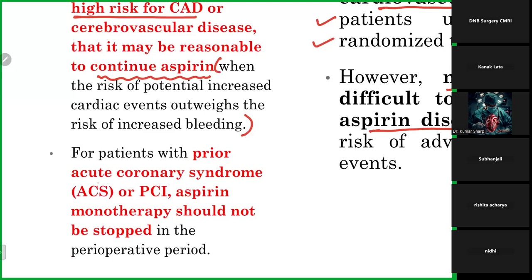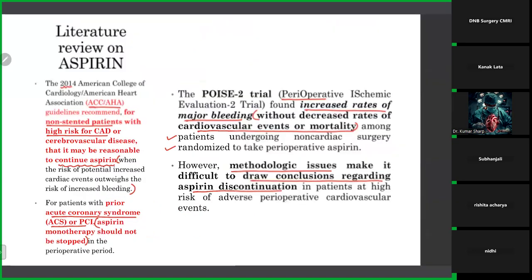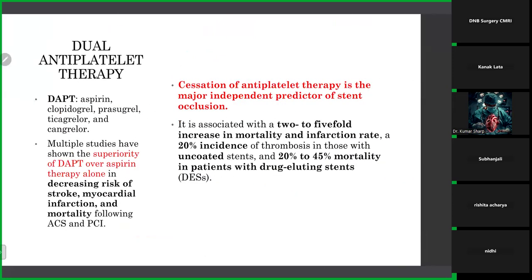For patients with prior acute coronary syndrome or PCI, aspirin monotherapy should not be stopped in the perioperative period. So you have patients who are continuing on a tablet, Ecosprin or aspirin 75 in a once-daily dose. So this is what the guidelines recommend, and this is what we are actually following.